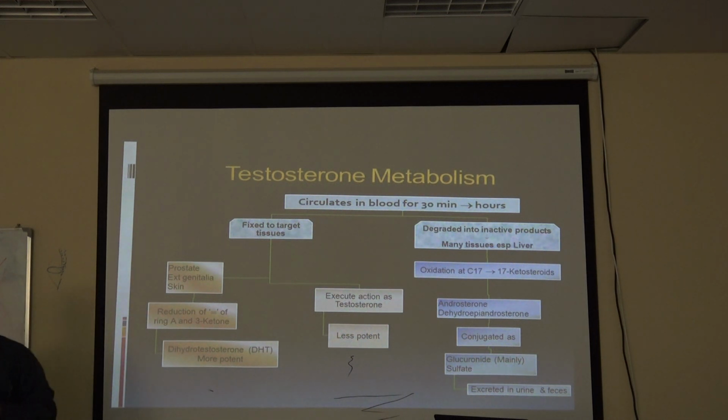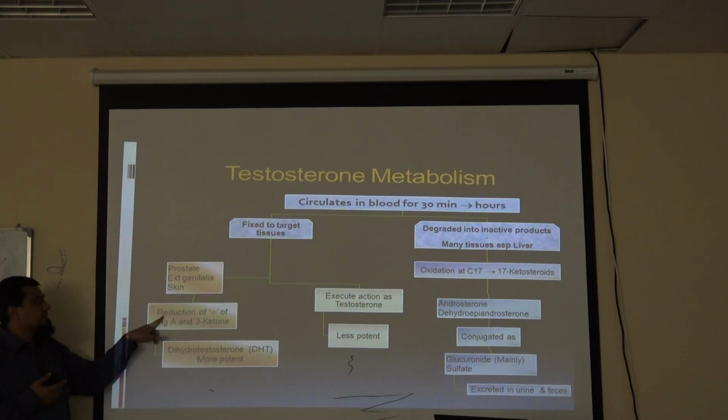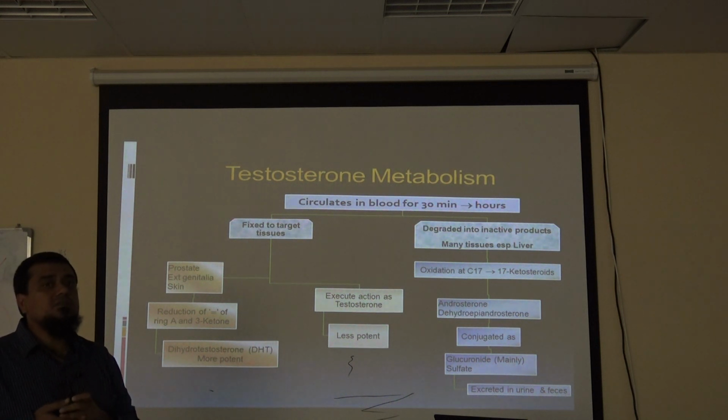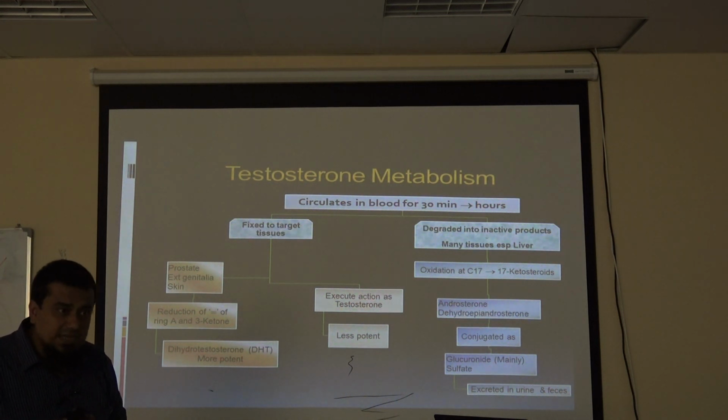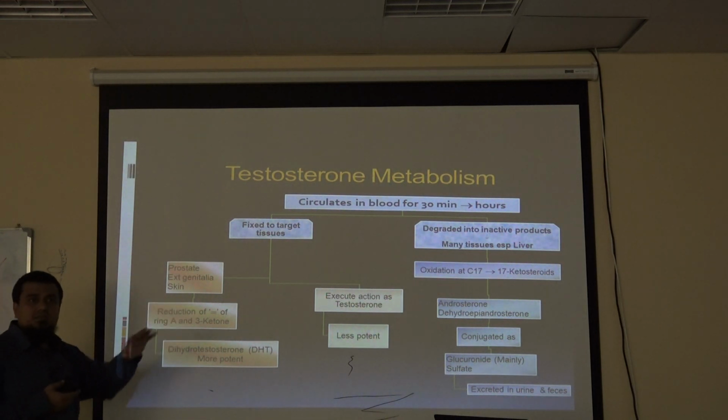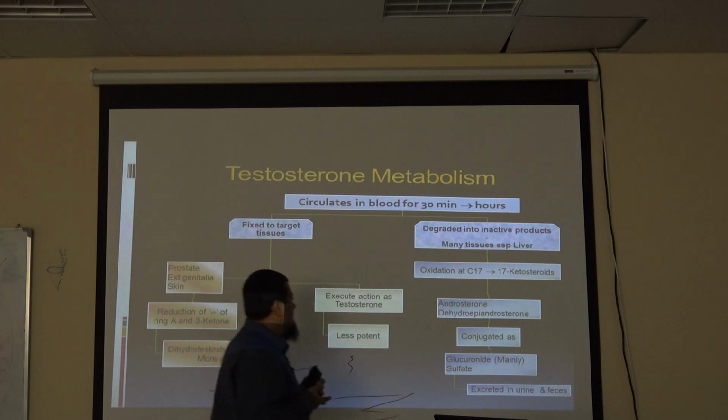One metabolism which is very important in this category is that they are acted upon by the enzyme aromatase. Clear? And they are converted into their ketone derivatives, and these ketone derivatives are excreted out.